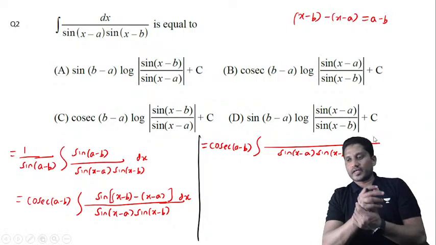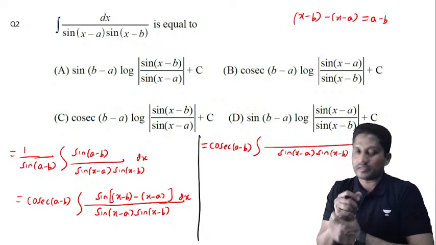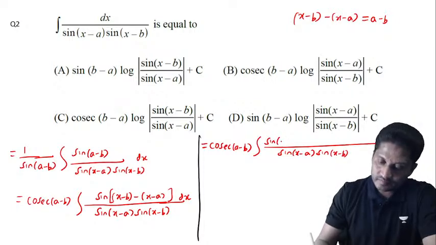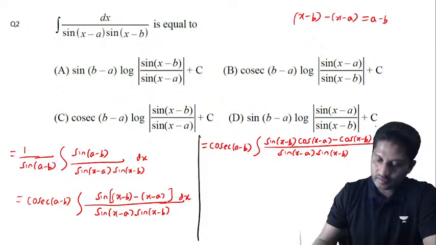Alright, now in numerator I am going to use sine of a minus b formula. Sine of a minus b is sine a into cos b minus cos a into sine b. So we get sine of x minus b into cos of x minus a, minus cos of x minus b into sine of x minus a, and then this is dx.